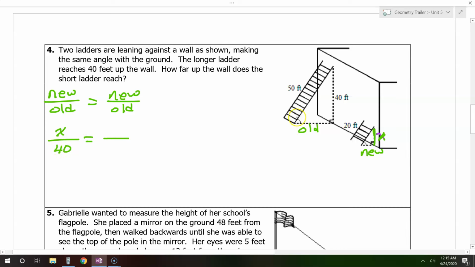Looking at the length of the ladder, new over old would be 20 over 50. See the zeros on the end? Technically, I'm dividing both by 10, so 20 over 50 reduces down to 2 over 5. Now I'm going to cross multiply.